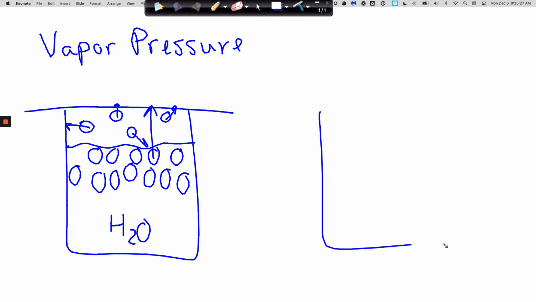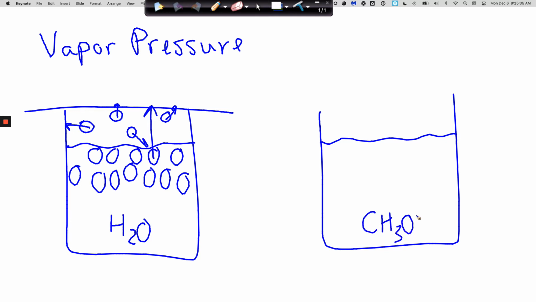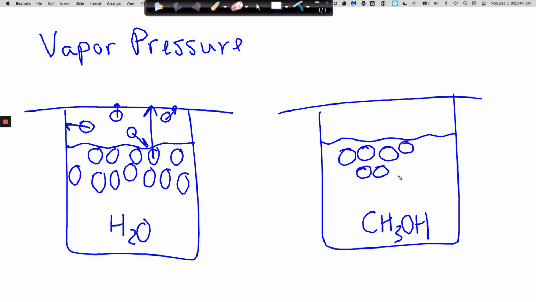So then guys, do this. Draw yourself another beaker. And now in this beaker, let's put CH3OH. And again, we'll let some circles represent our molecules. And now, guys, these dudes jump up into the vapor phase.